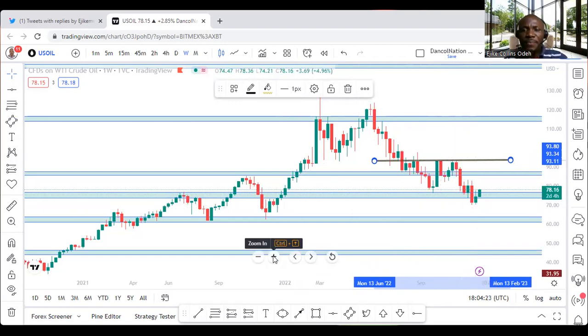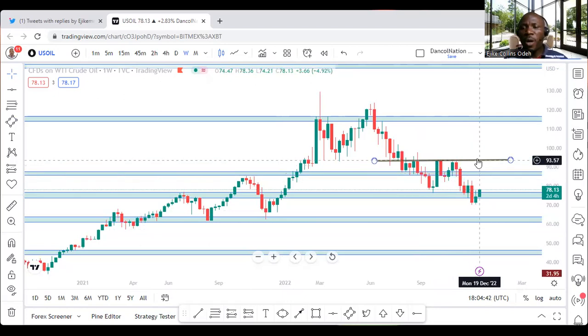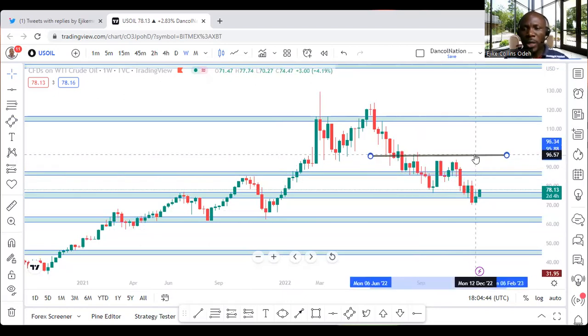So there is the double top and the double bottom, the inverse head and shoulders. The market will continue to form those kinds of chart patterns that will give rise to one form of continuation movement or the other.